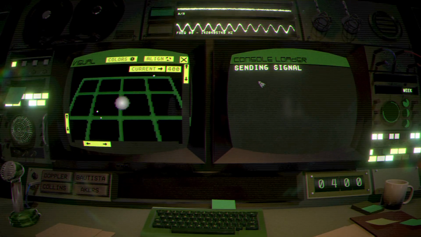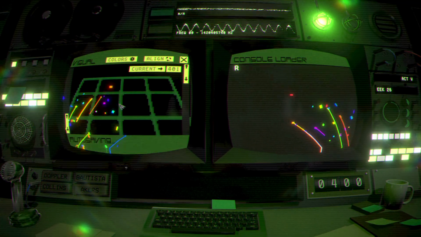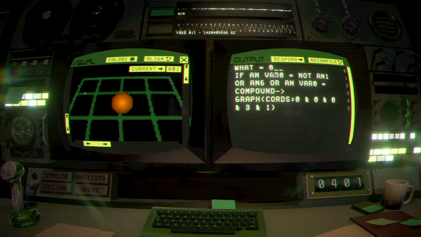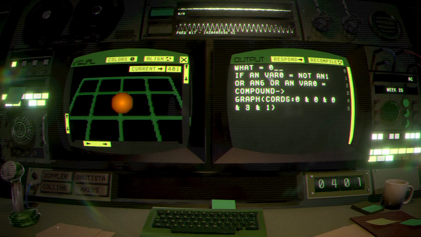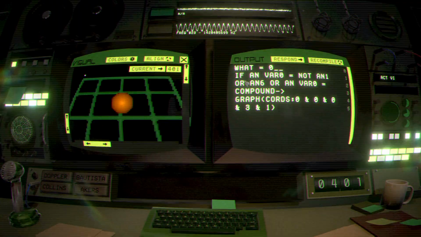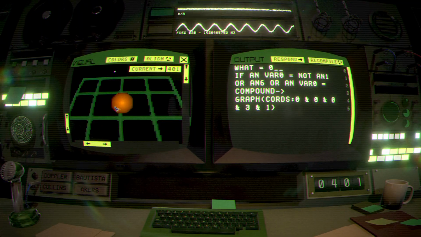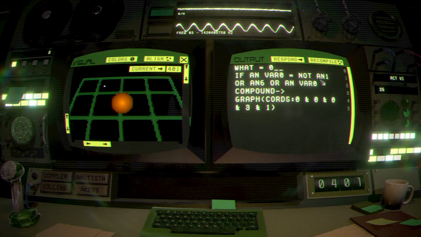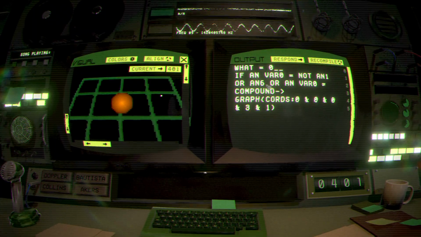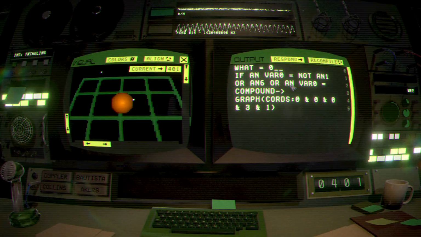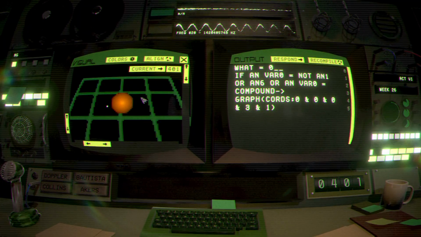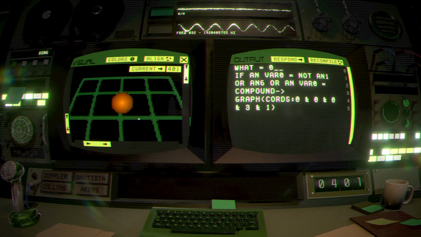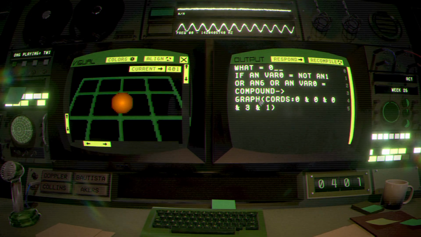Okay, what equals 0? Okay, so if this element is not element 1 or element 6 or something, or it is a compound.